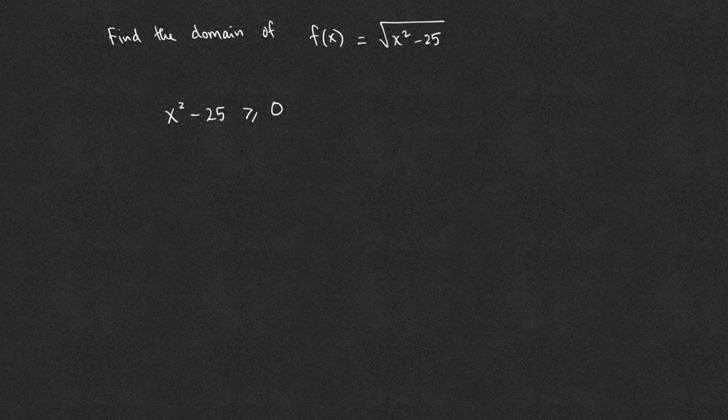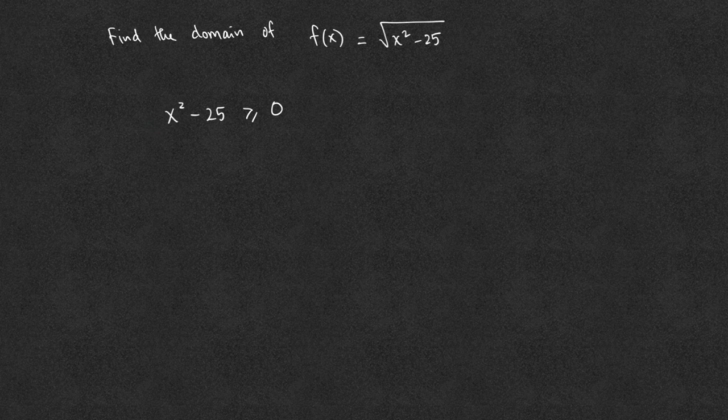We're looking for the domain of the function, meaning we're looking for the x values, but the condition in this case is x squared minus 25 greater than or equal to 0. So we need to isolate x, meaning that we have to solve this inequality.